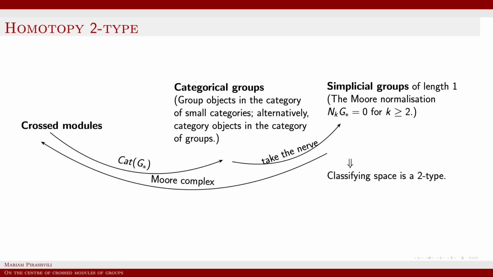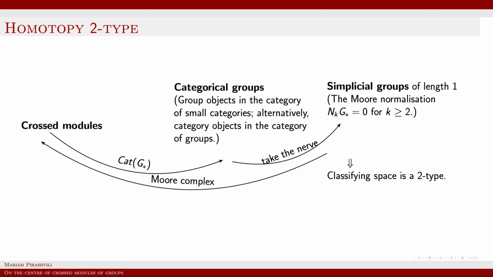Crossed modules are of interest in topology because they are models of homotopy 2-types. We can define a classifying space for crossed modules, which is a 2-type. So it has homotopy groups in degrees 1 and 2, and all other homotopy groups are 0.